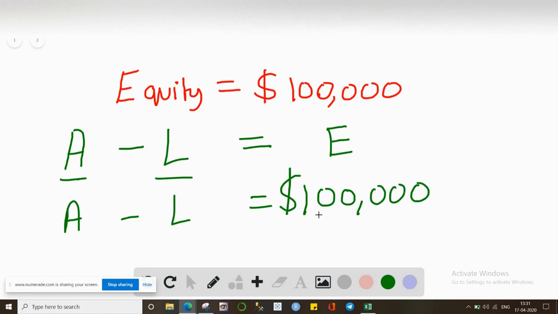What the question is implying, if the equity is equal to $100,000, is that assets are more than liabilities by $100,000. We can say it.